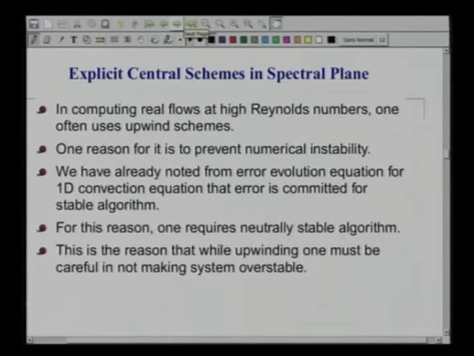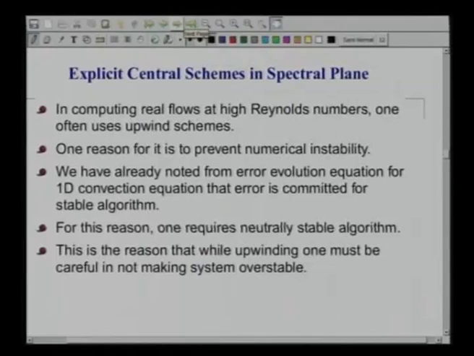So, now if I try to see its usage, for all this derivative operation, we want to compute a real flow at high Reynolds number. If we use the central scheme, it may not work. Because the combined properties of the space-time discretization will show that such central schemes are susceptible to very high wave number error.